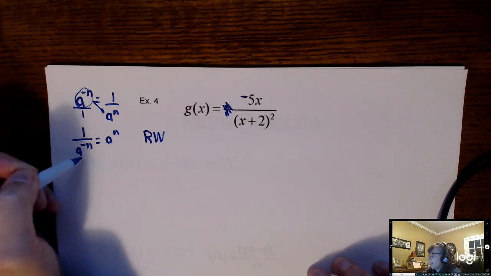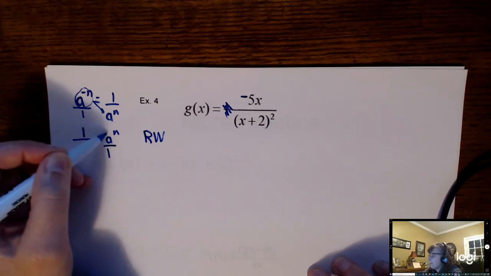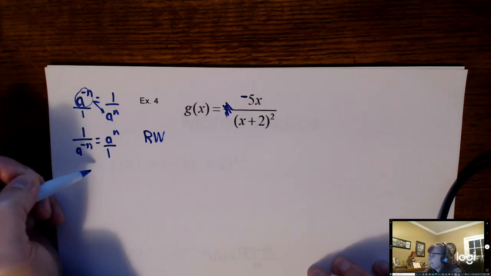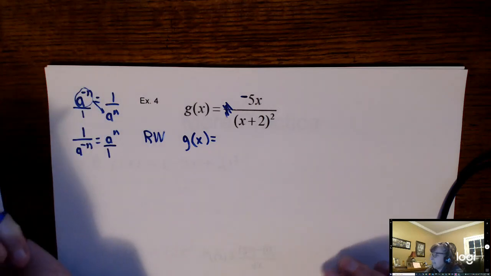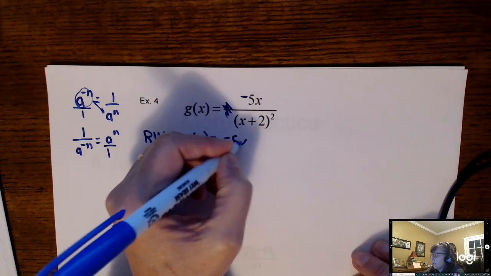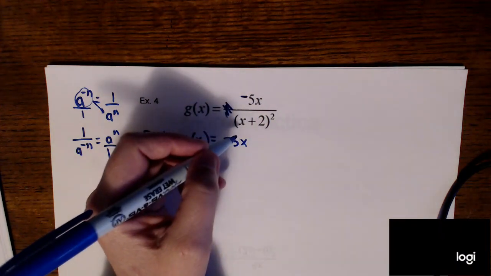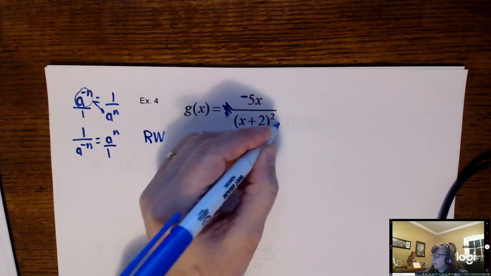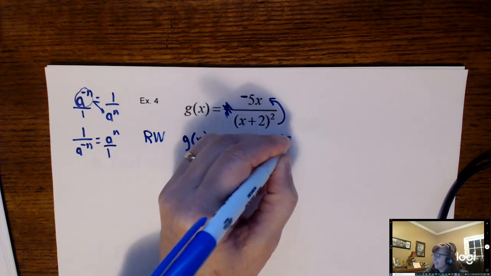So 1 over a to the negative n, that a to the negative n goes to the top as a to the positive n over 1. So I'm going to rewrite this using negative exponents. This isn't me taking a derivative, it's just me rewriting. So that would be 5x, instead of divided by x plus 2 squared, I'm going to move that x plus 2 squared to the top, so that would be x plus 2 to the negative 2.